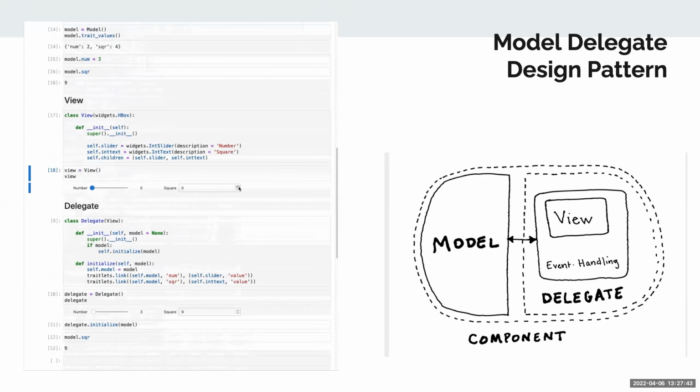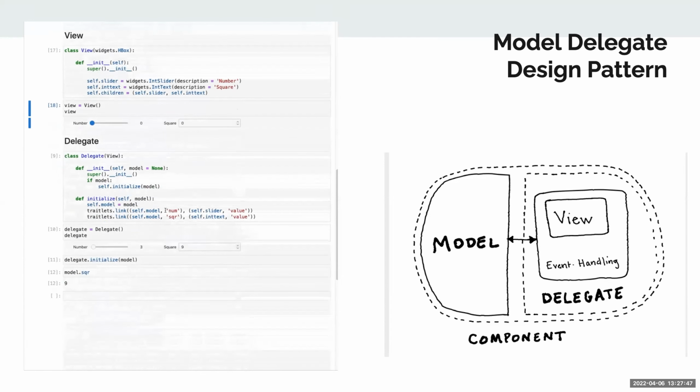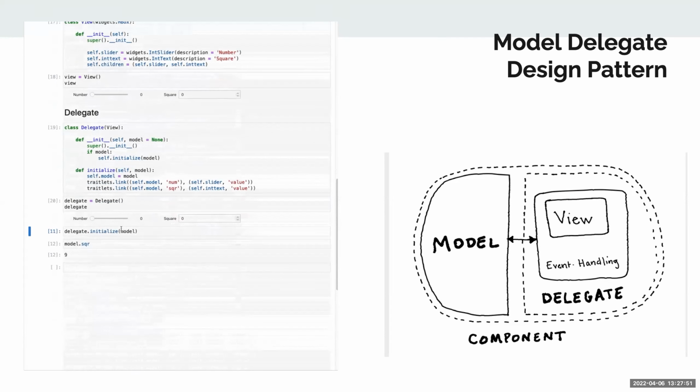So the benefit to this is that these pieces are composable. So I can write several views that represent the same model but look very different, and they can all exist in the same application and manipulate the same model.